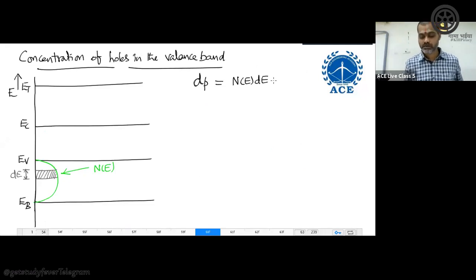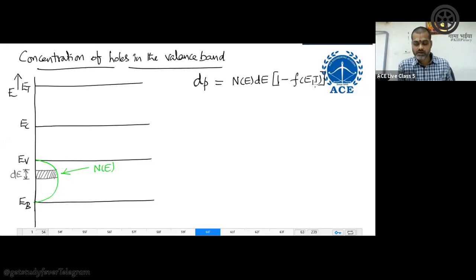It should be 1 minus F of E comma T. Please try to understand this, because I am calculating the concentration of holes in the valence band. What is a hole? It is nothing but the unoccupied state in the valence band. So if F of E comma T is the probability of an occupied state, what is the probability of an unoccupied state? We have done the numerical problem also. It is 1 minus, and that is what I am writing here.